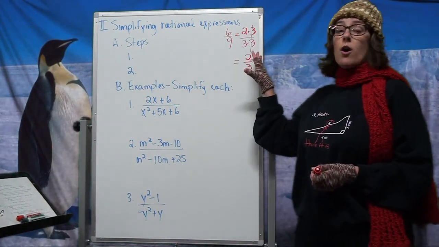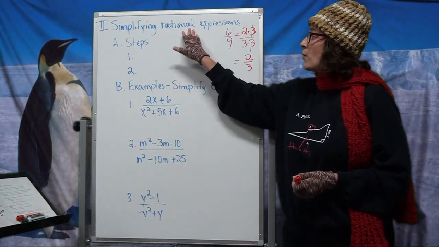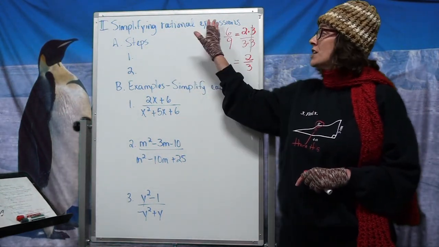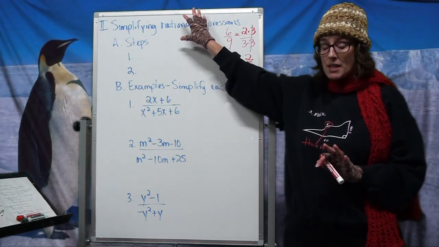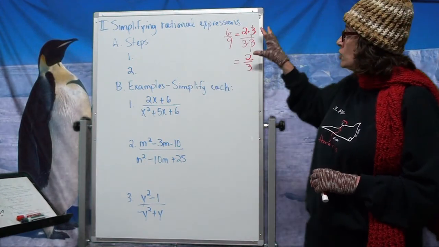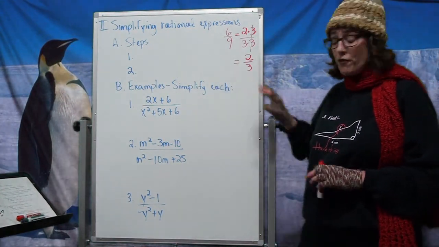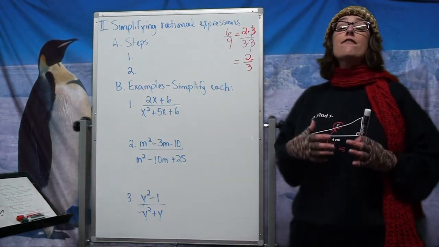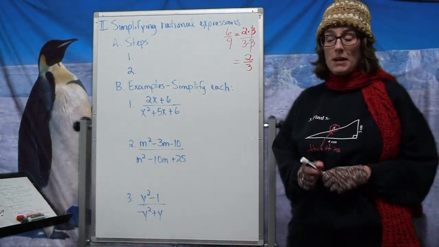My point of doing all this is to say that when you simplify rational expressions, because remember, rational means fraction, so these are fractions basically, complicated fractions, yes, but fractions, I'm going to cancel out those common factors. But the only way that I can make that happen is if I factor the numerator and the denominator.